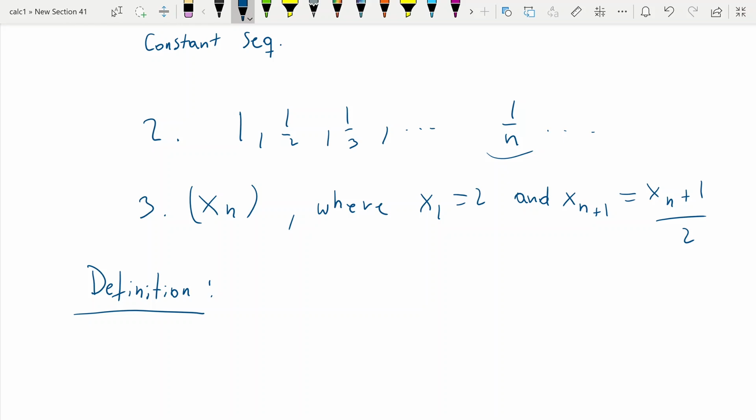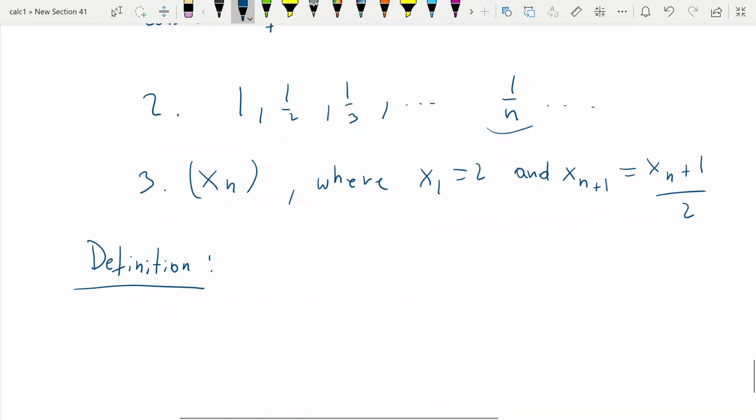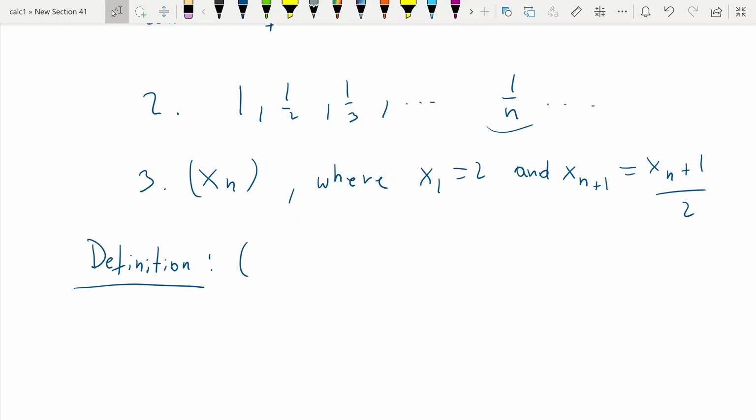If it's allowed to take on negative values, and you want to say that it converges to zero, then we want to say that beyond a certain N, for larger values of n, the sequence is trapped between minus epsilon and epsilon. Okay, so those are things that have to do with what happens when n goes to infinity.